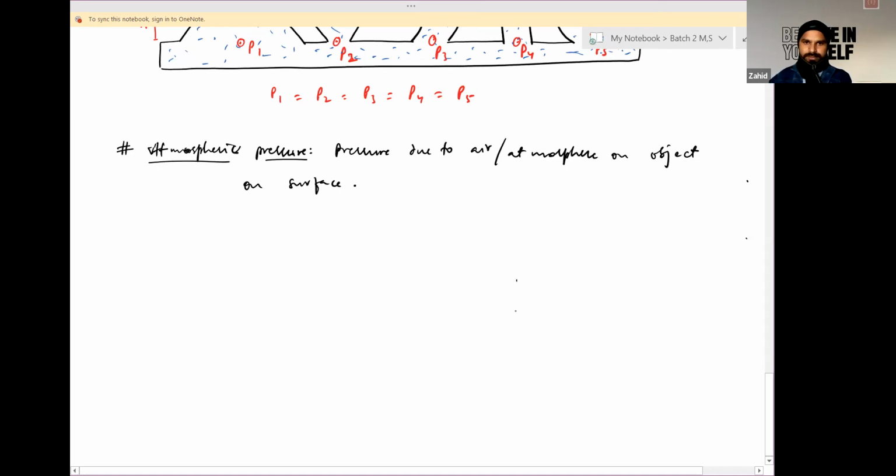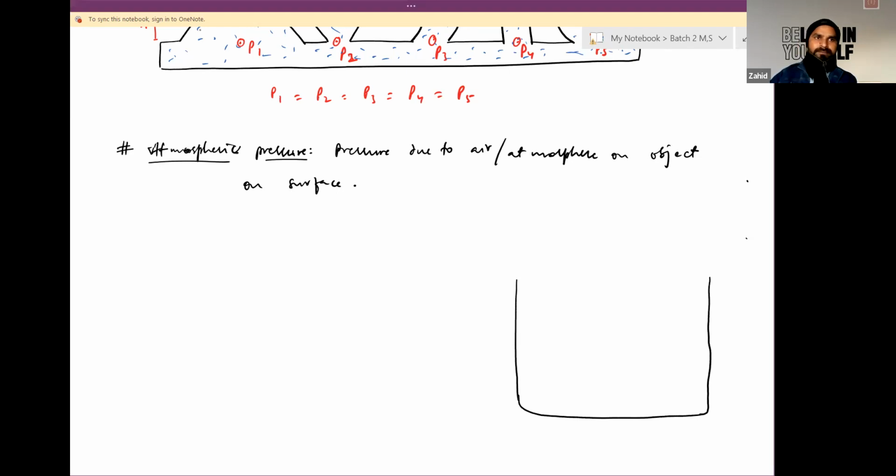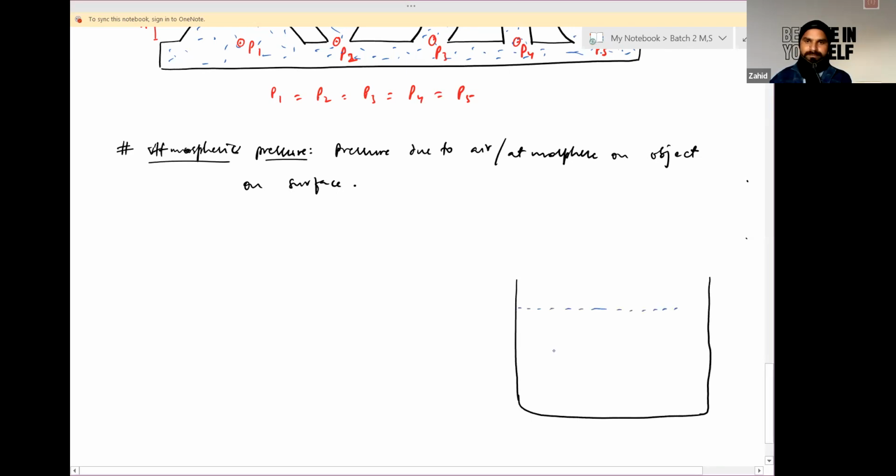For this, suppose mercury is taken in a container up to this level. This is mercury.